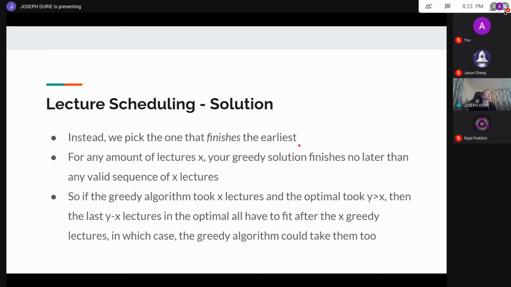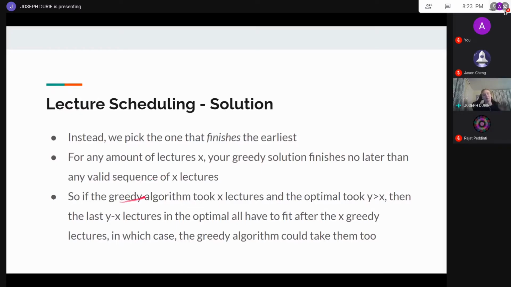And the idea here is that for any number of lectures X, your greedy solution is going to finish no later than any other valid sequence of X lectures, right? Because at each step, we're taking the first one we can.